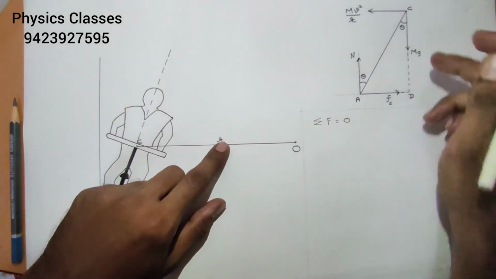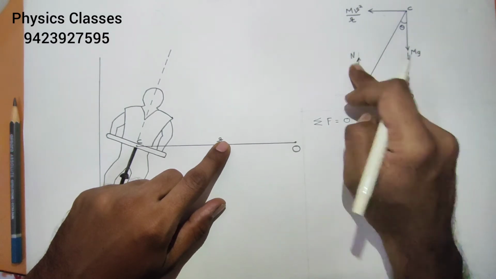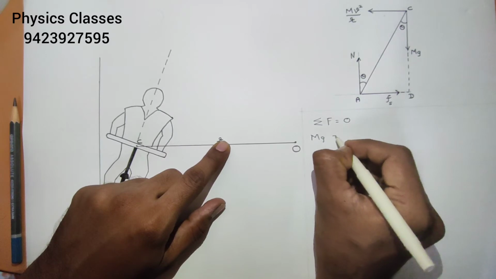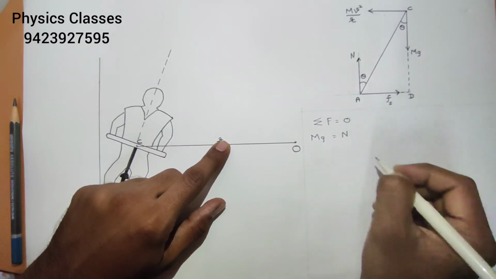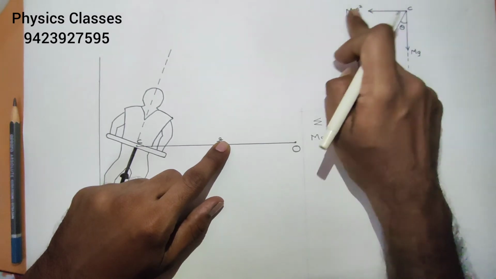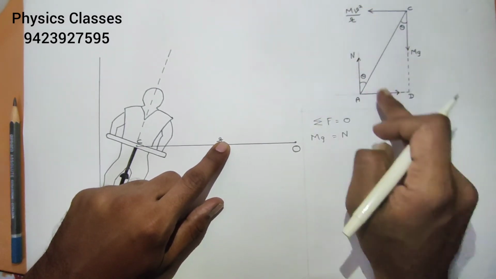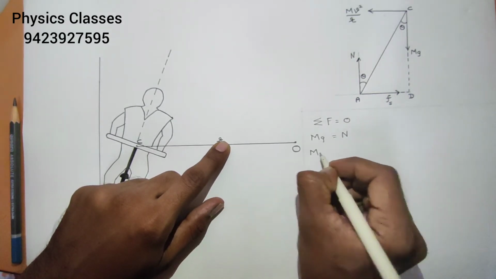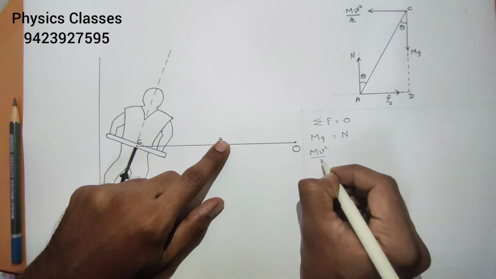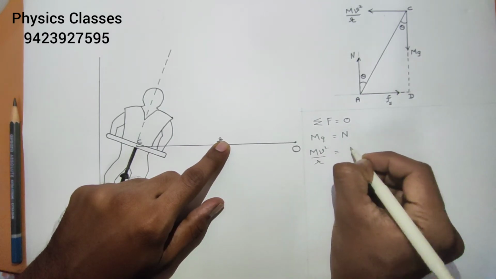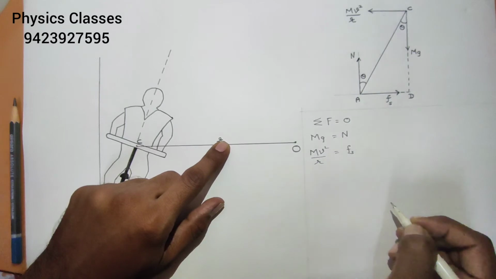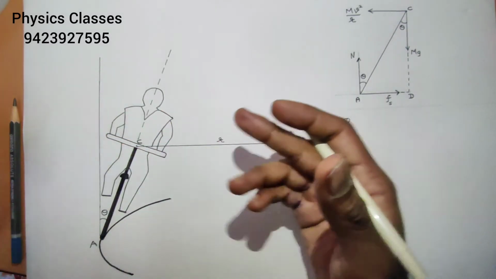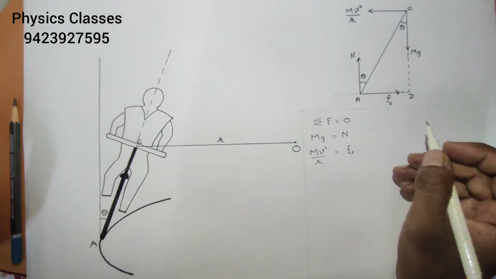So mg, acting in the downward direction, will be equal to the normal reaction N in the upward direction. mv square upon r acting in the leftward direction will be equal to the force of static friction acting in the rightward direction. So mv square upon r is equal to Fs. Now as it is in translation equilibrium, it is also in rotational equilibrium.